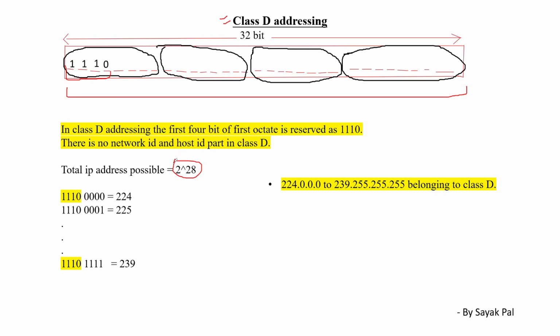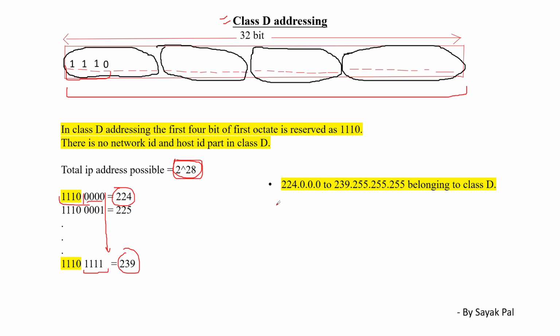So 2 to the power 28 IP addresses are possible. And what is the range? Again, these 4 bits are reserved, and the rest of the bits, from 0 followed by 1 up to all ones, give nothing but 224 to 239. 224 to 239 is the range for class D addressing.